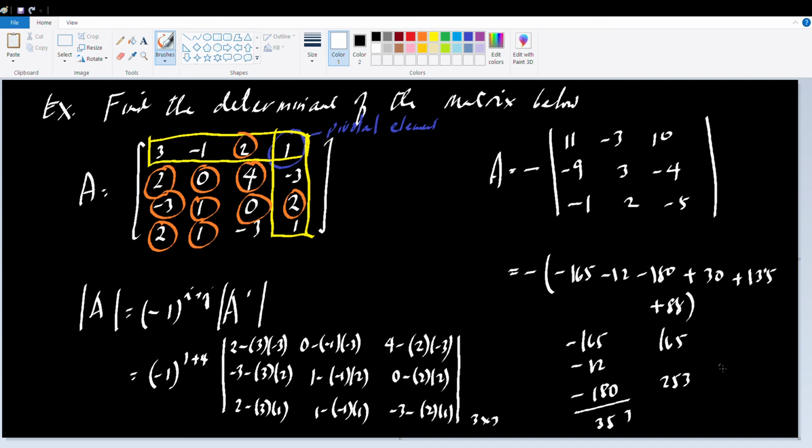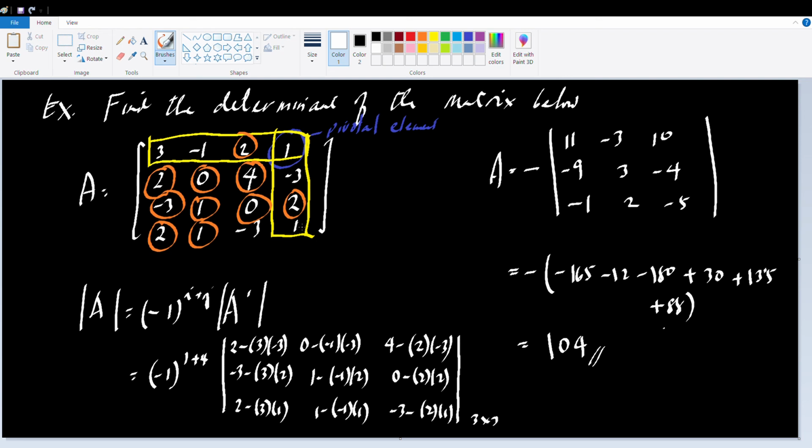Negative 357 and 253, that will be negative 104. Negative and negative, that will be positive 104.